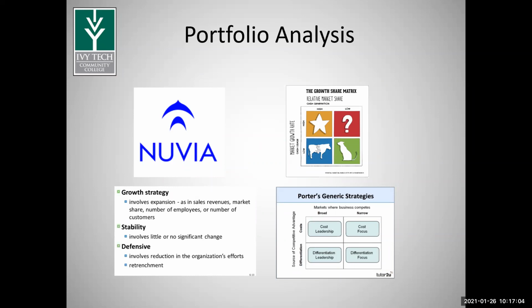So if Nuvia has a chip that is really good for really high-end processors, do they have a viable product potentially? I'd say so. Do they have a big share of the market? Not necessarily. No. So where are they going to fall in there?